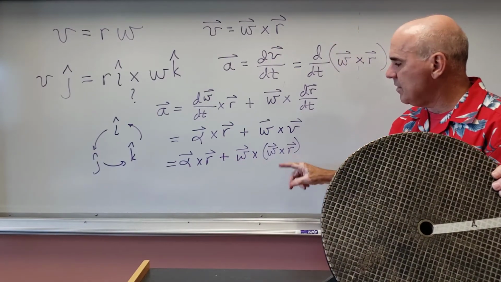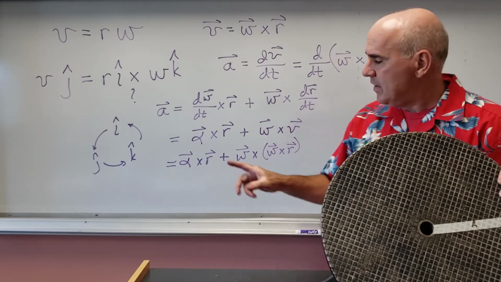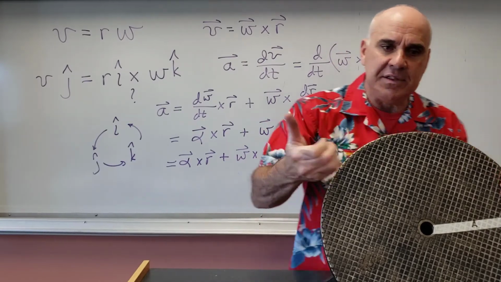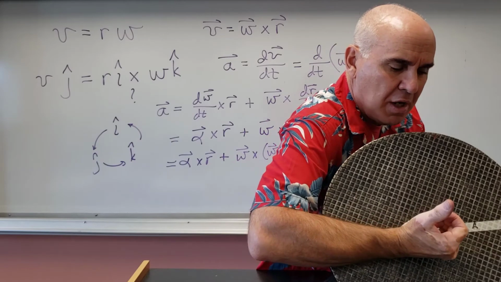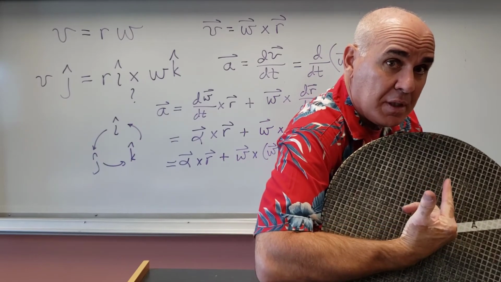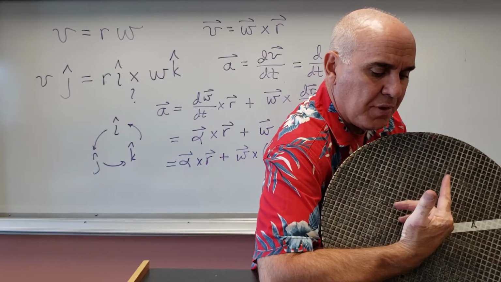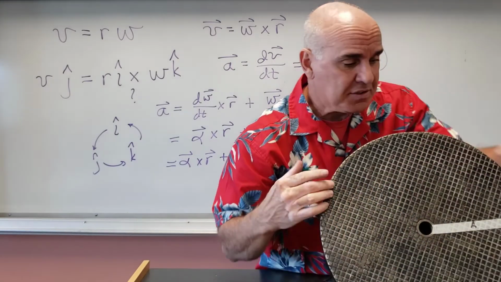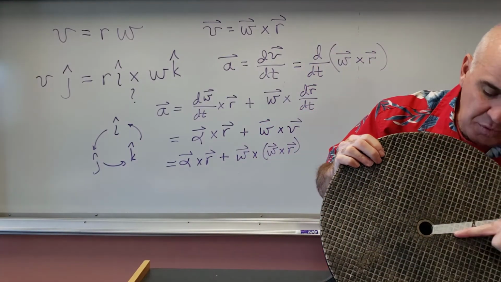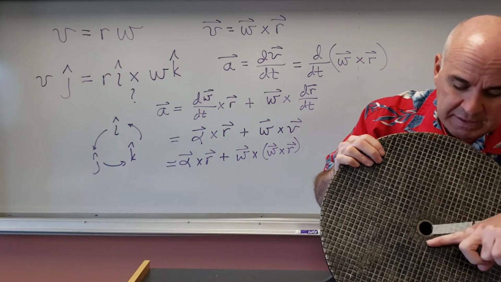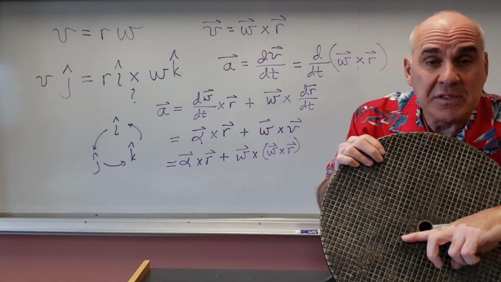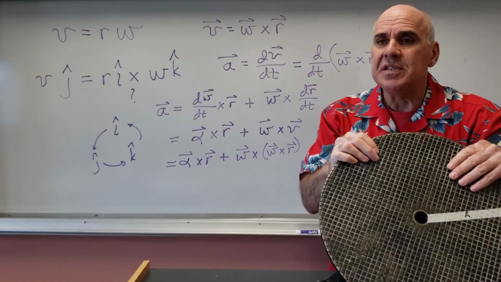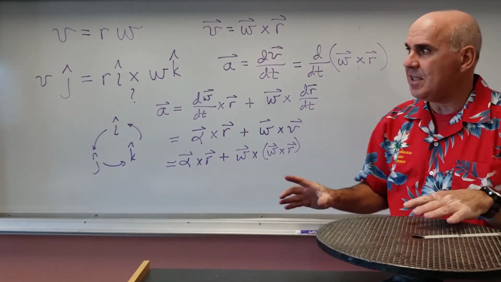All right, but let's take a look at this. Omega cross r is the velocity. So this is omega crossed with the velocity, which is up. And so my finger points in the direction of the acceleration, which is in the negative x direction. So that acceleration is pointing along the radius, but towards the center. This is the center-seeking acceleration.